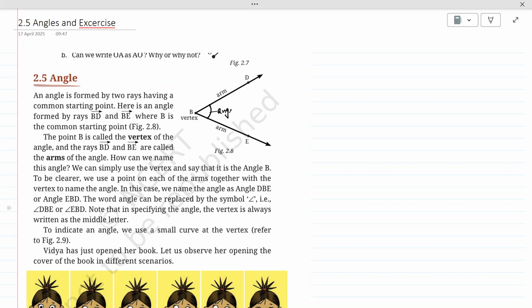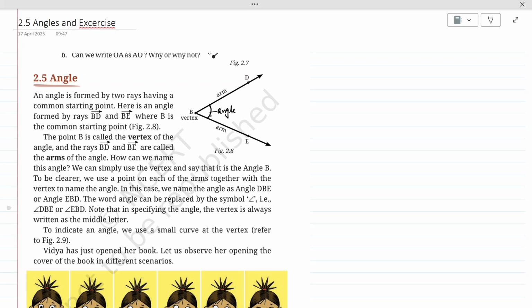I'm writing here: this is the angle which is formed by the two rays BD and BE, and these rays start with B. Now in this case we call this point B the vertex, and the rays BD and BE are called the arms of the angle. And actually this is our angle.